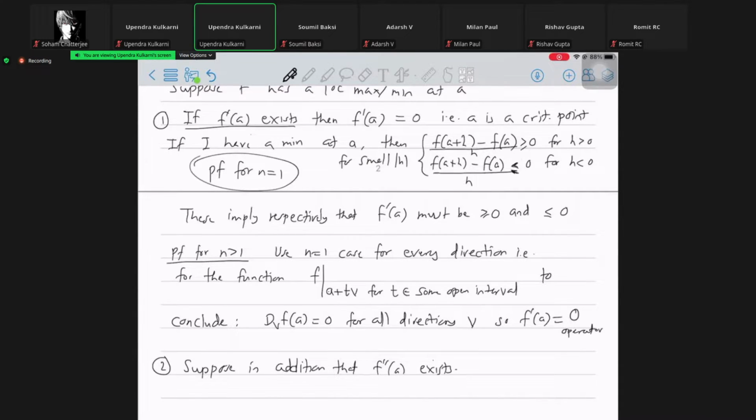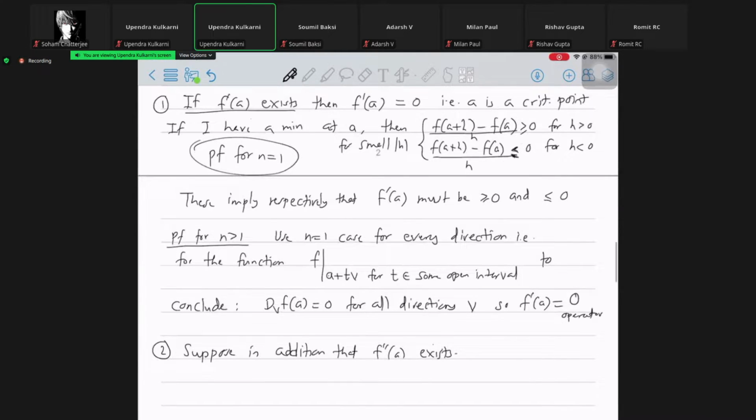Then can I use the double derivative to say anything based on the fact that the given point is a local maximum or a minimum? Suppose I know that the given point is a local maximum. In fact, the first assumption is not required.